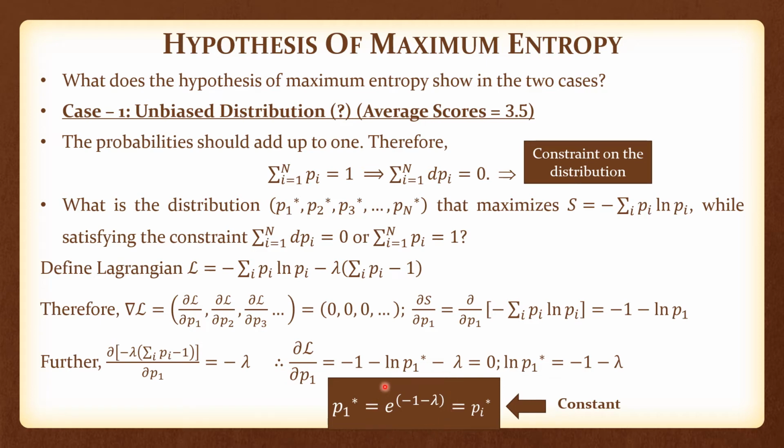That is already coming out. And what is that probability? It's a function of lambda. Once we find out what that lambda is, then we will know exactly what that probability is. So at least one part of that analysis that we started out with, 4 coins, 10 coins, 100 coins, and so on, if we had such an unbiased distribution and we chose this expression for entropy, not necessarily choosing it, this is the expression.